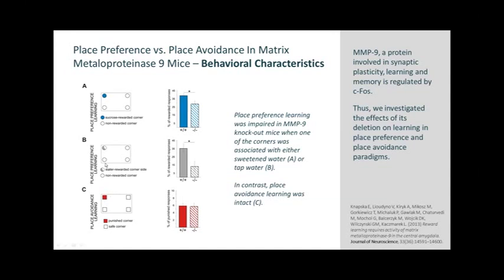We also checked the animals in the paradigm in which visiting 1 of 4 corners was rewarded just with tap water to eliminate the possible effects of the taste. And we observed that in both paradigms in which we used reward, the MMP9 knockouts were impaired. However, the place avoidance learning was intact.